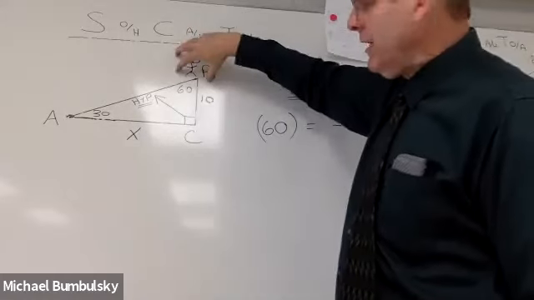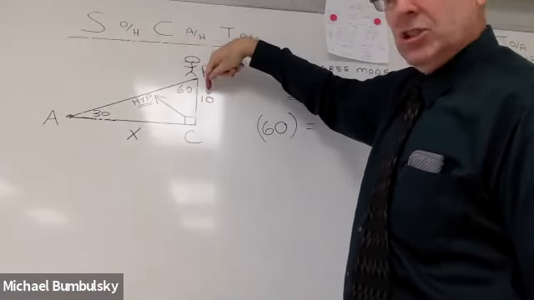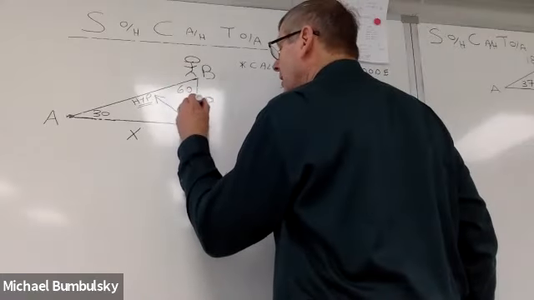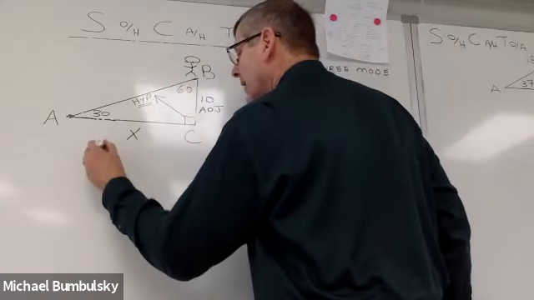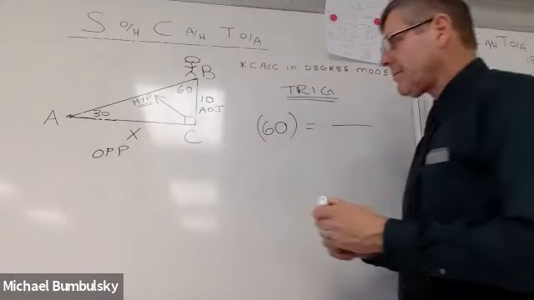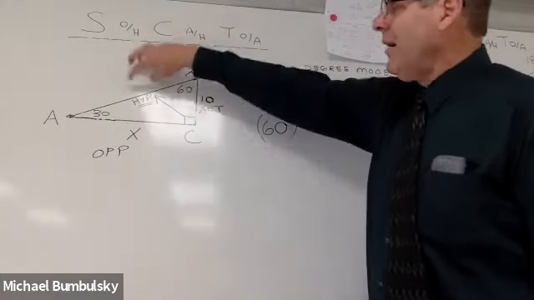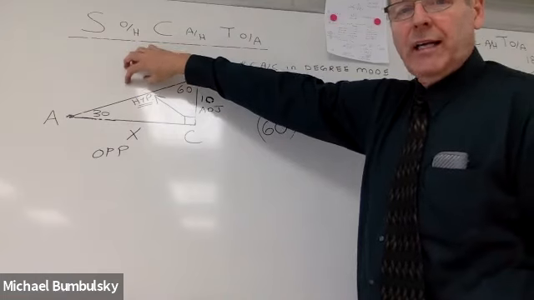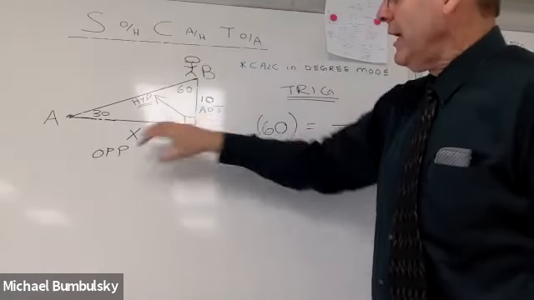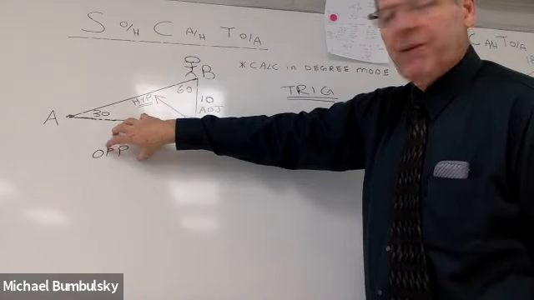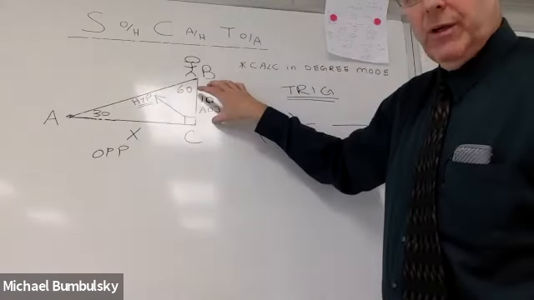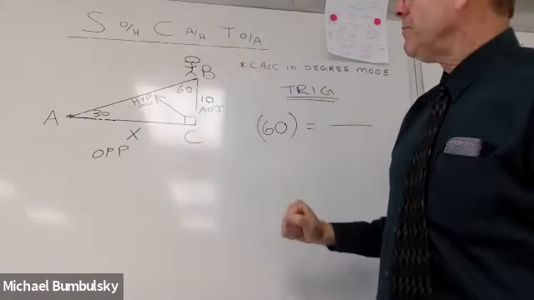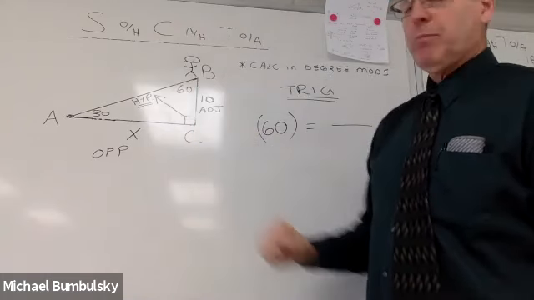The hypotenuse. If I'm standing here, is the 10 adjacent to me or opposite? Adjacent. So if I'm standing here, this is the adjacent and this is the opposite. I don't know the hypotenuse and I'm not trying to find it. I'm interested in this one because I'm trying to find this one and I know this one. So what trig function talks about adjacent and opposite?